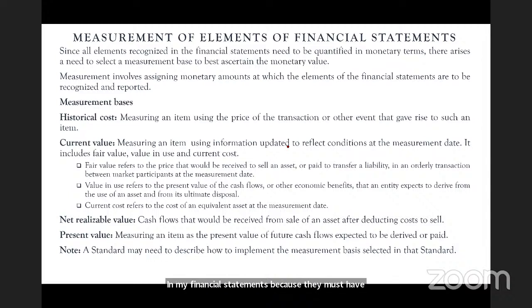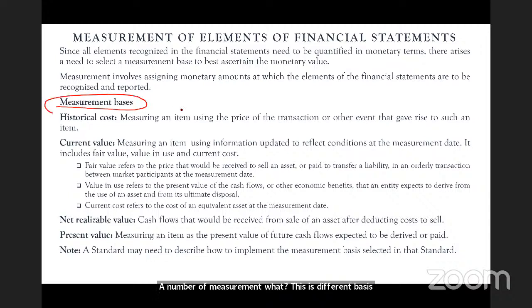Now, this being a framework, it doesn't limit you. It gives you a number of measurement bases, different bases for you to choose from. So depending on the standard, a particular standard that has been issued by the International Accounting Standards Board can point out just one basis. Are we together?